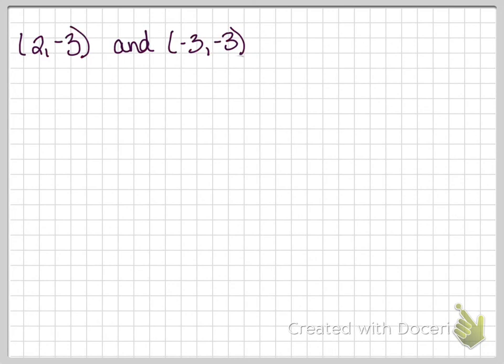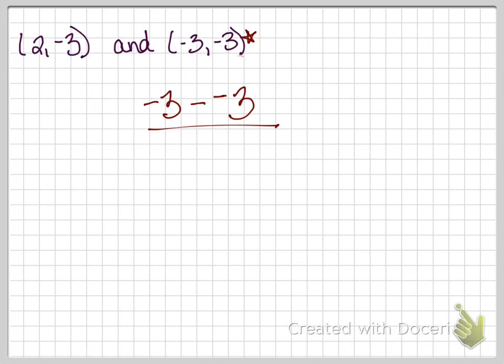Okay, look at this one. What do you notice about this particular set of points? Y is the same. So we've got to see what happens when y is the same. It's 0. Good. That's what's going to happen. So I'm going to start with this point right here. So I'm going to have -3 minus -3. I've still got to do my denominator because I cannot have 0 in the denominator.